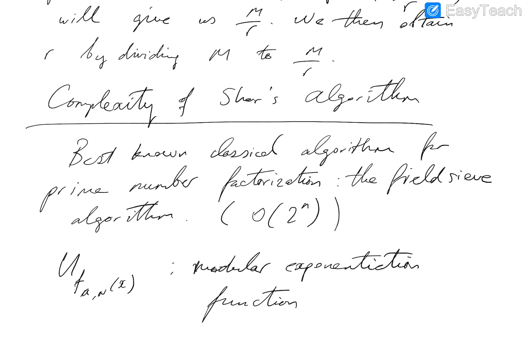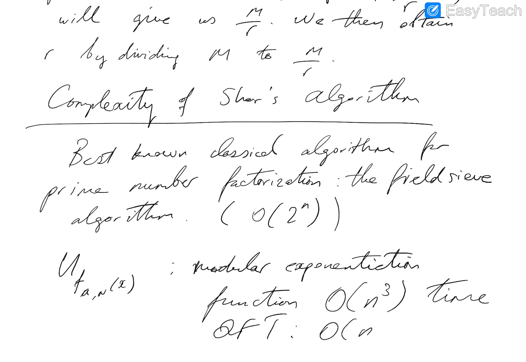It approximately takes big O of n cubed time. The quantum Fourier transform is actually less, in the order of n squared, let's say. And this is a single repetition.